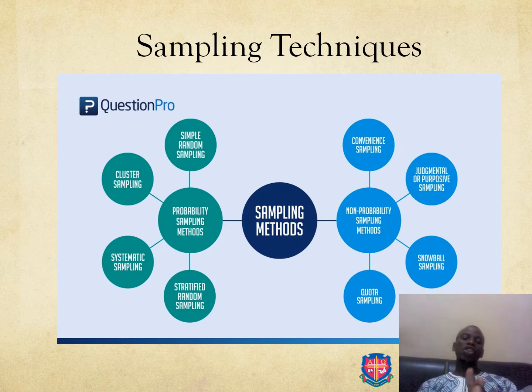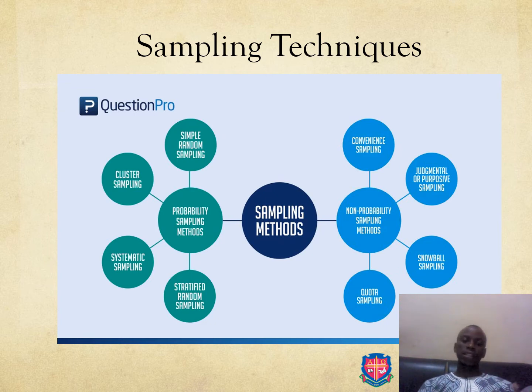You can see on your left we have the random sampling techniques, and on the other side we have those which are non-random. Here we have simple random, cluster sampling, systematic sampling, stratified random sampling. On the other side, we have convenience, judgmental, snowballing, and quota sampling.